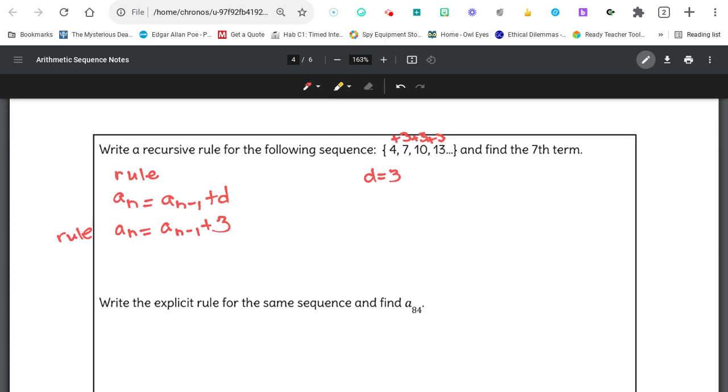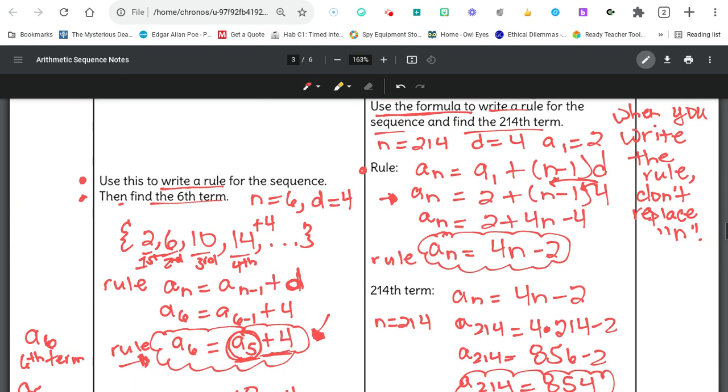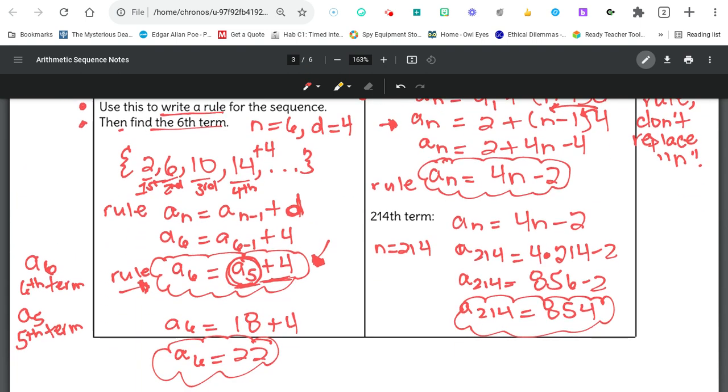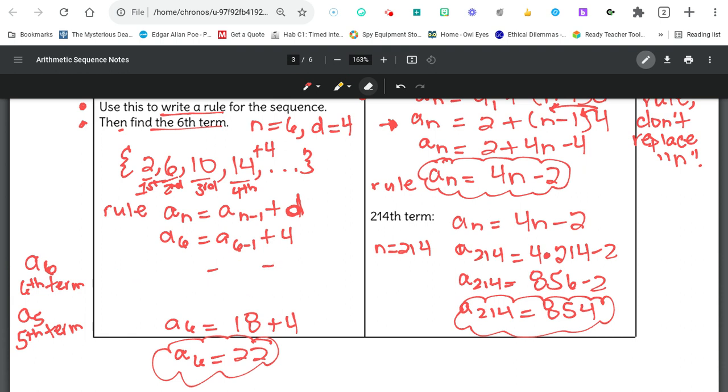So I'm going to go back and fix something, okay, guys? Erase this. We're going to keep n on both of them so we don't get confused. So your rule that I want you to write on this one is a sub n equals a sub n minus 1 plus 4.